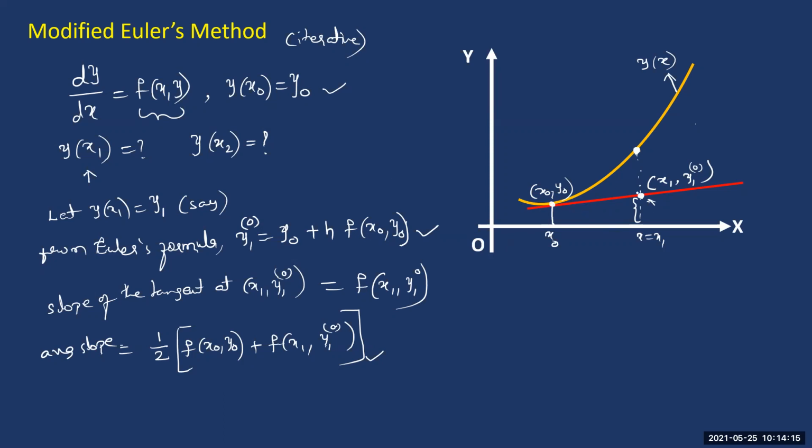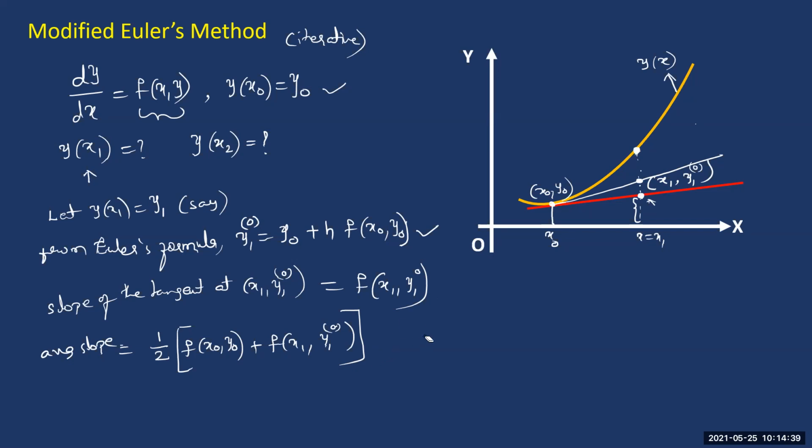Because it is the average of those two, we'll get a tangent like this, you see. Since the tangent is at x0, y0 only, it will be something like this. And when it is a tangent line, this intersection point is going towards the actual solution.